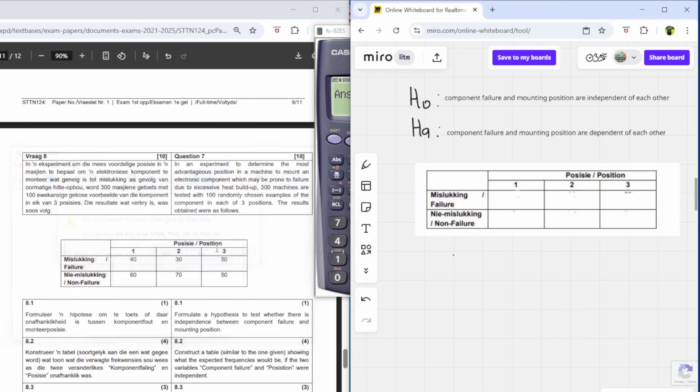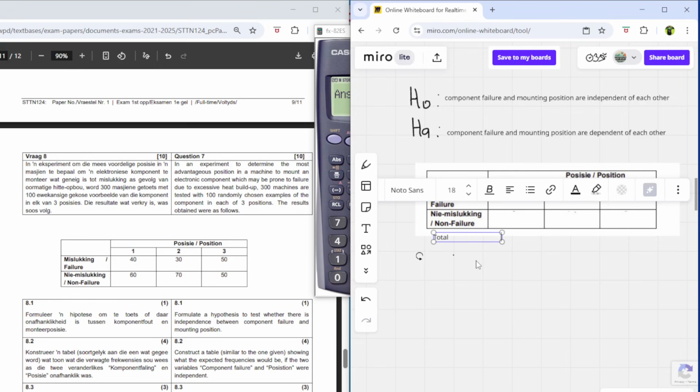Okay, cool. So now let's do some totals. So remember, we need the totals for this. We're going to say the total for this is 60 plus 40, 100, 30 plus 70, 100, 100.